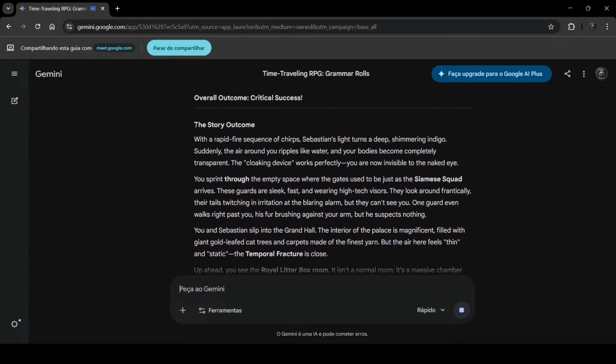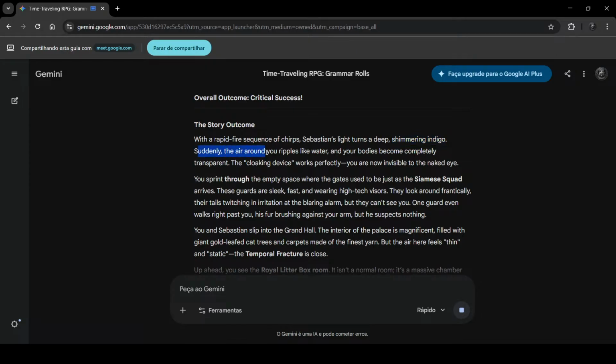Okay, so the story outcome. Let's go. With a rapid-fire sequence of chirps, Sebastian's light turns a deep, shimmering indigo.